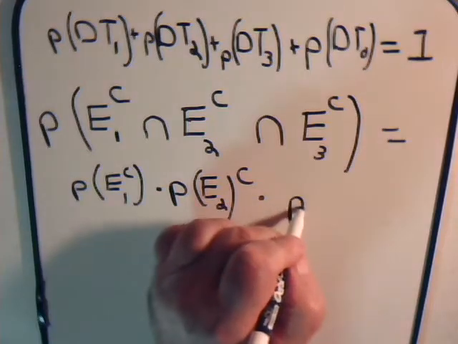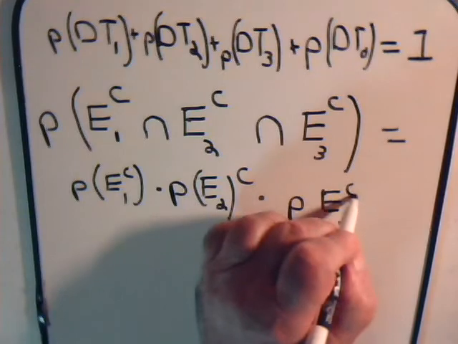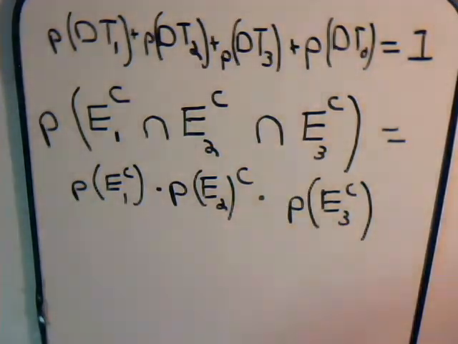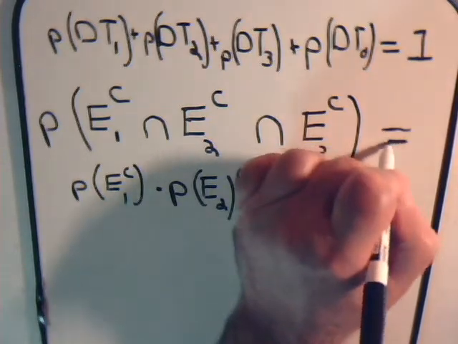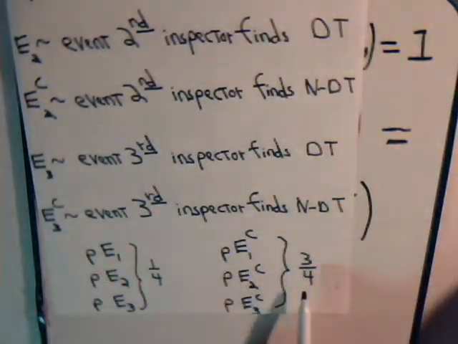It's like this because all these are independent events. If the first inspector does not find a defective transistor, that has no bearing on what the second or third inspector might find. As we just noted, the probability of each one of these is the same. It's 3/4.